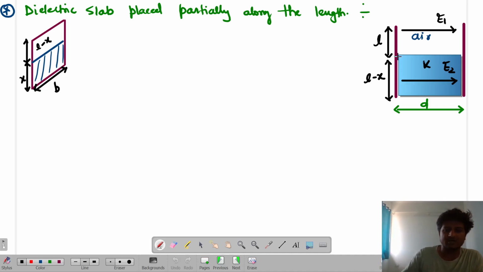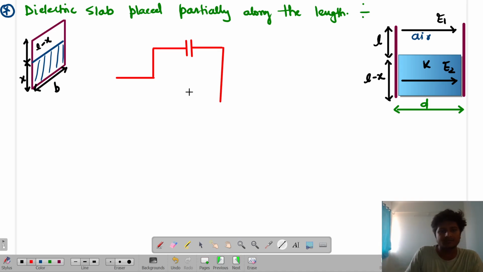But here I have the same potential, isn't it? So what we can think is that this is something like two different capacitors placed in which connection? Parallel connection. Are you able to get me?